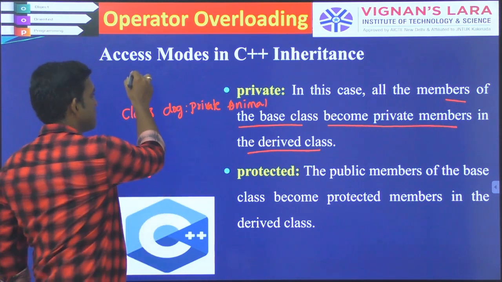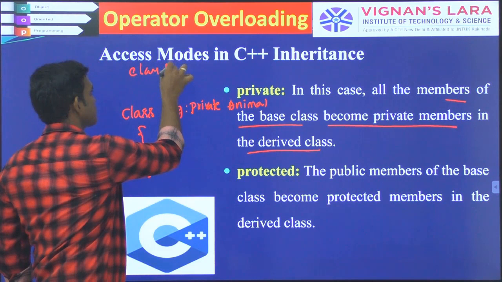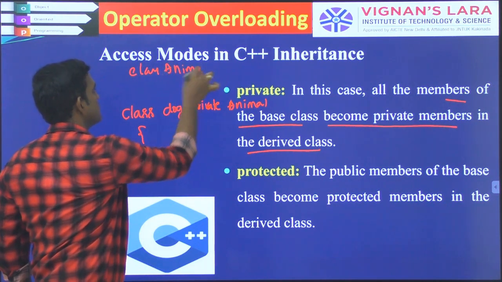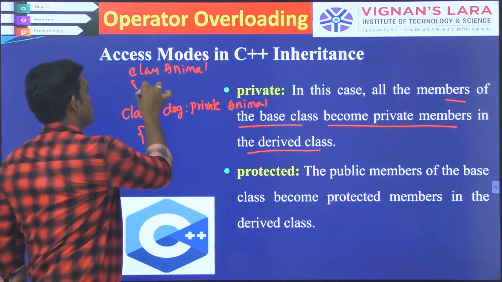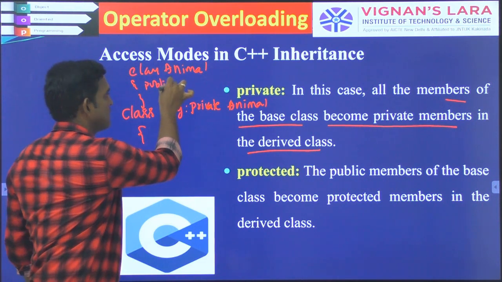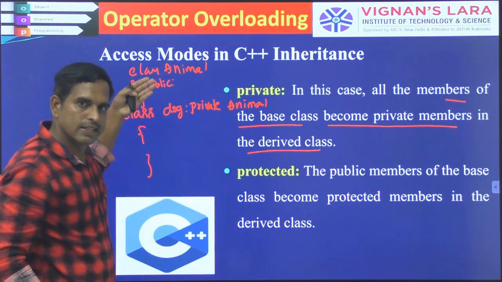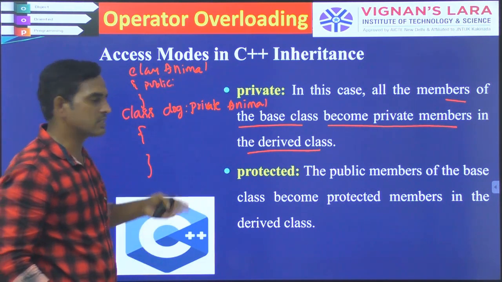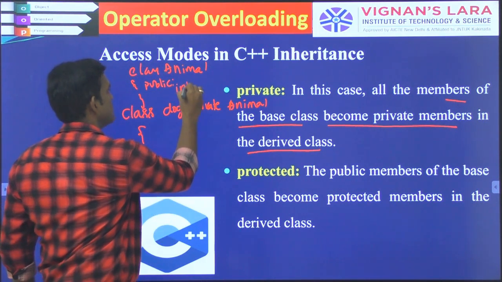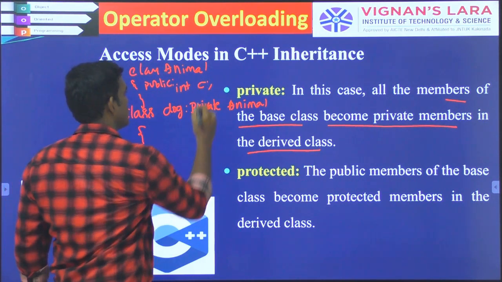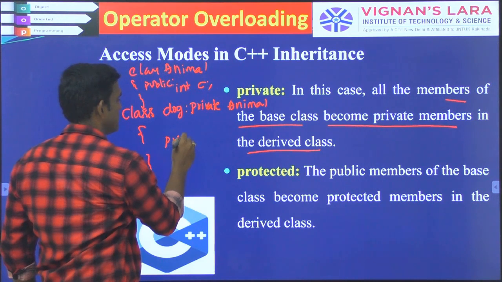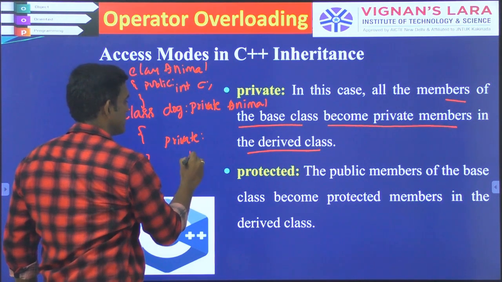So if your class animal has some public members, they also will become private members here. For example, if I write something like C, now this particular C will be acting like a private member here.